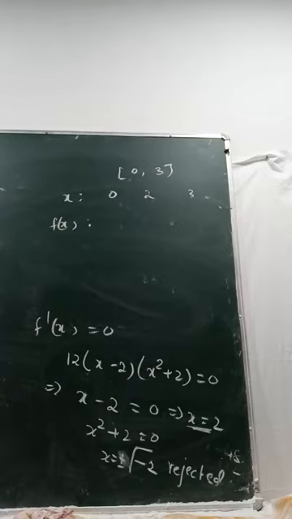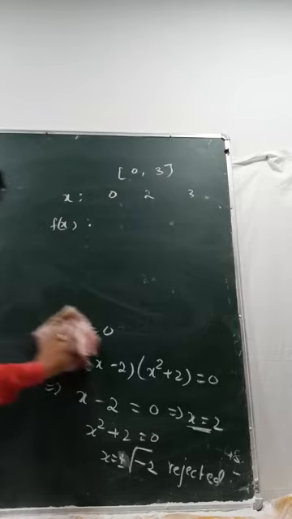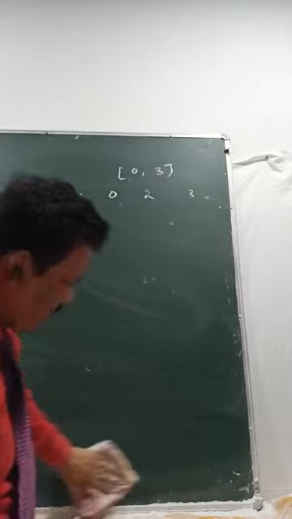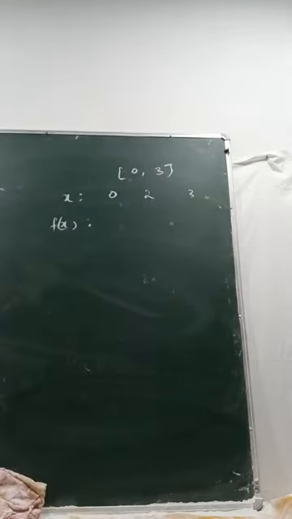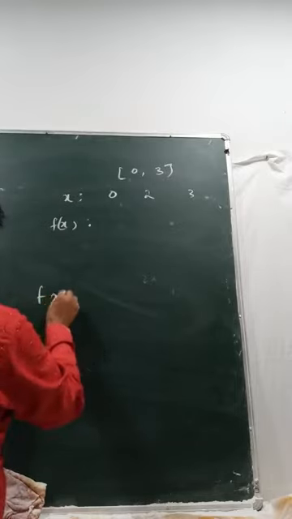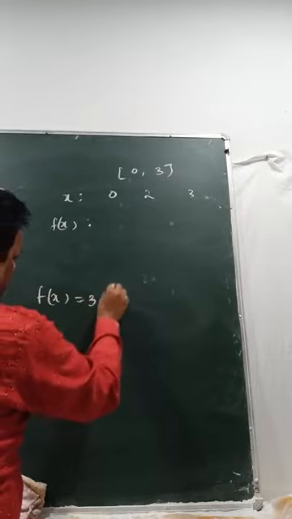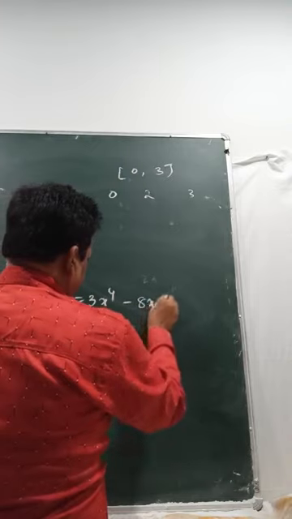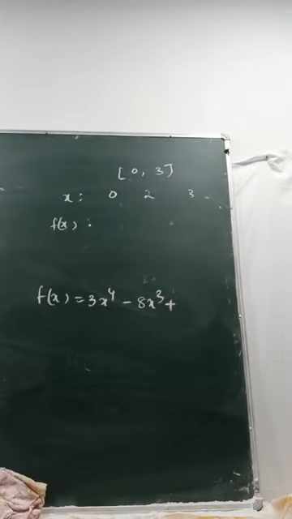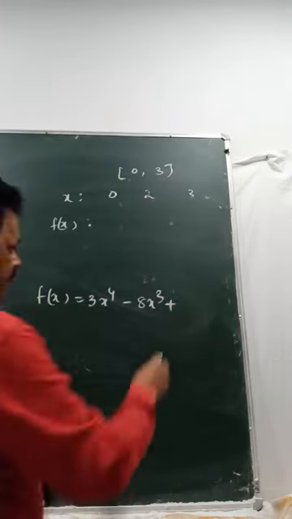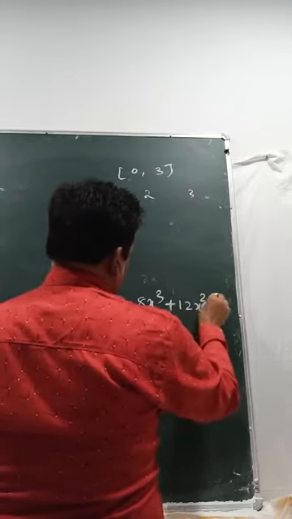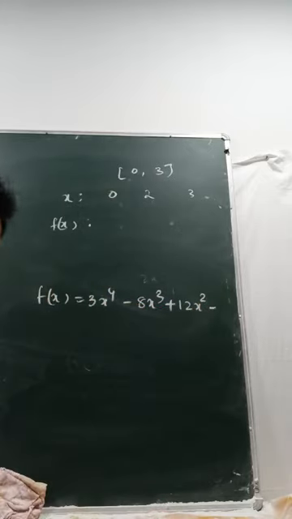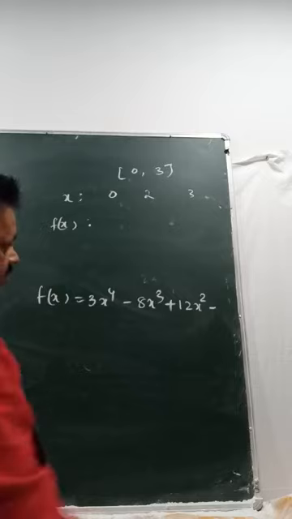Try to check. Our f(x) was 3x⁴ − 8x³ + 12x² − 48x + 25.